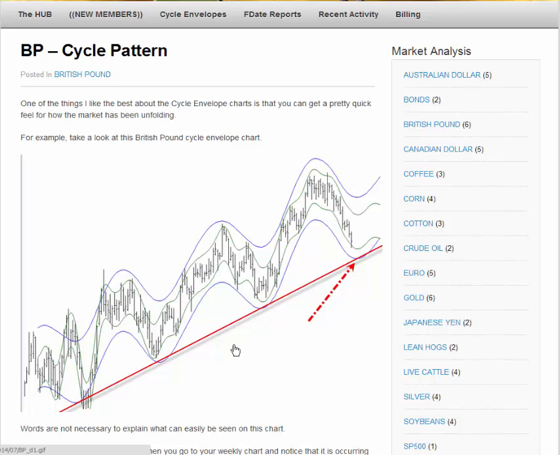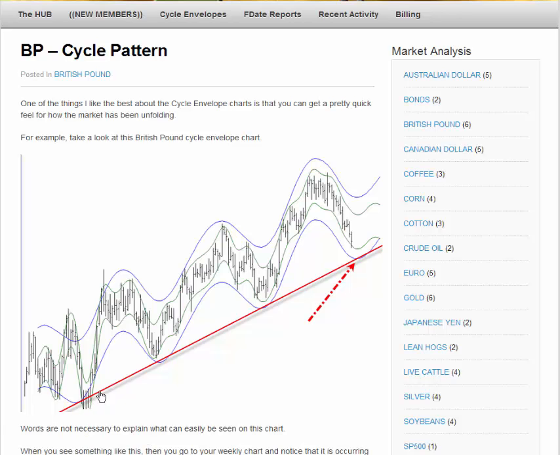And I wanted to point out the obvious. If you'll look at how the envelopes here are shaping up, we can see that as of yesterday, July 30th, which is that price bar I'm pointing at right there, we are entering again into this type of cycle swing bottom pattern that you can see happened here, here, and here.